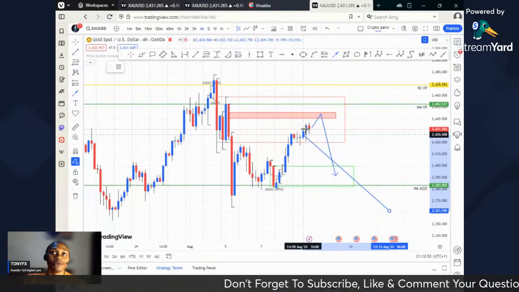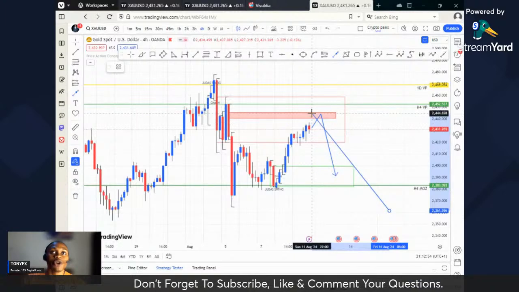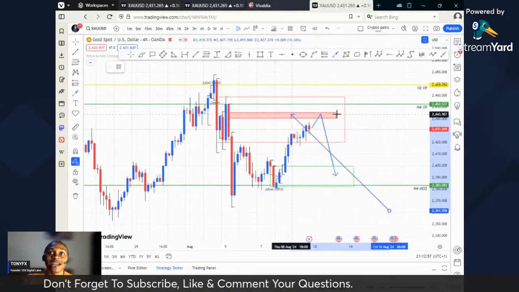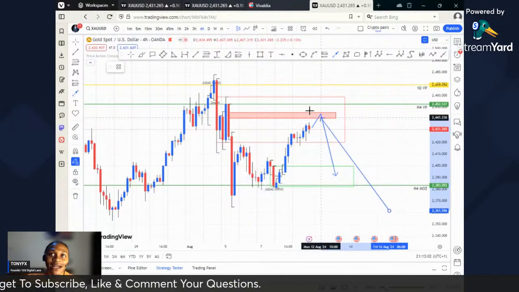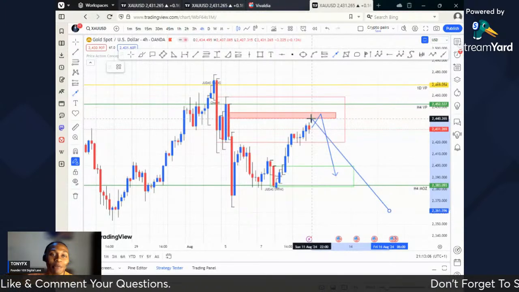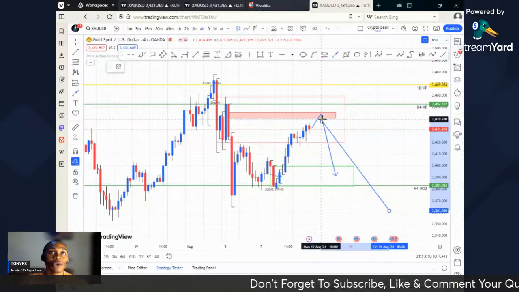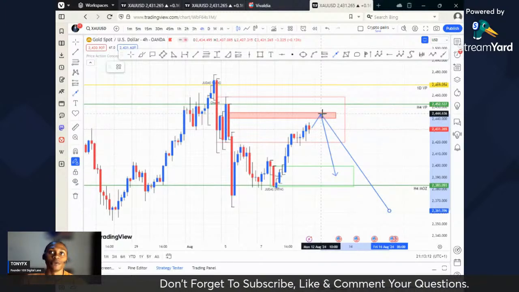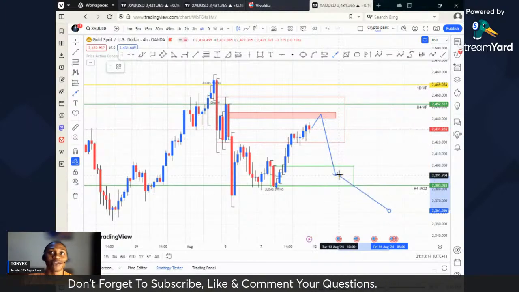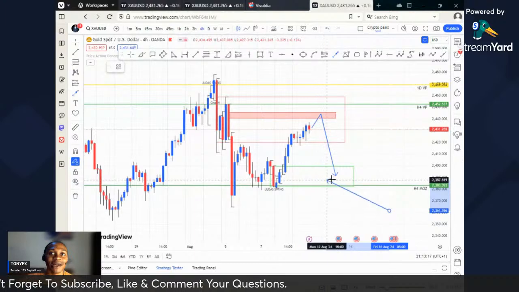The market is currently inside a supply zone, so we're looking mainly for sells. Sell in a supply zone. From this supply zone we can start expecting the market to move towards demand zones, to look for our buys.